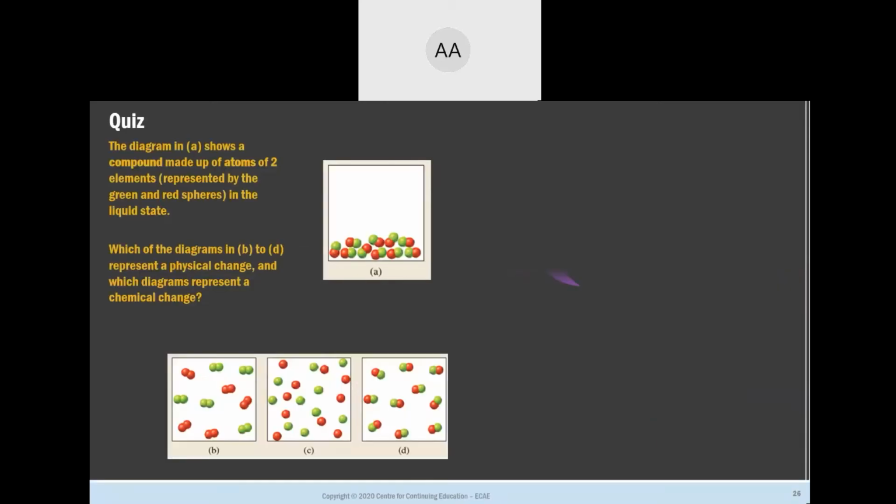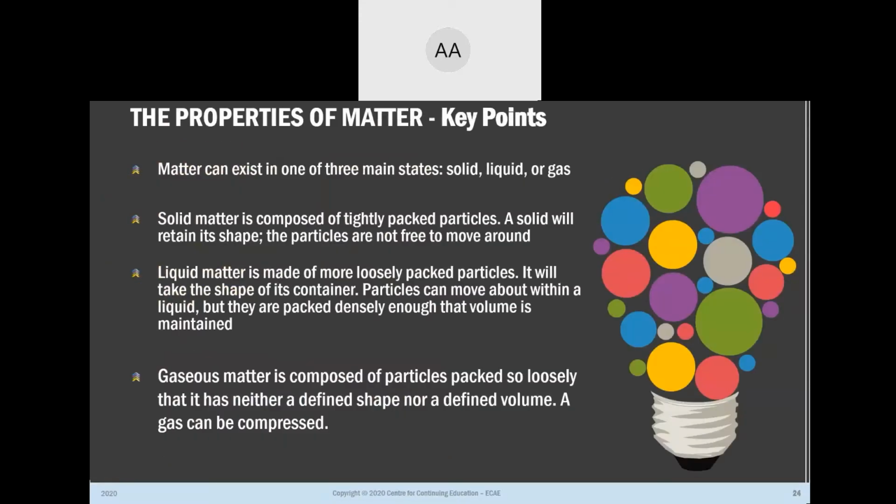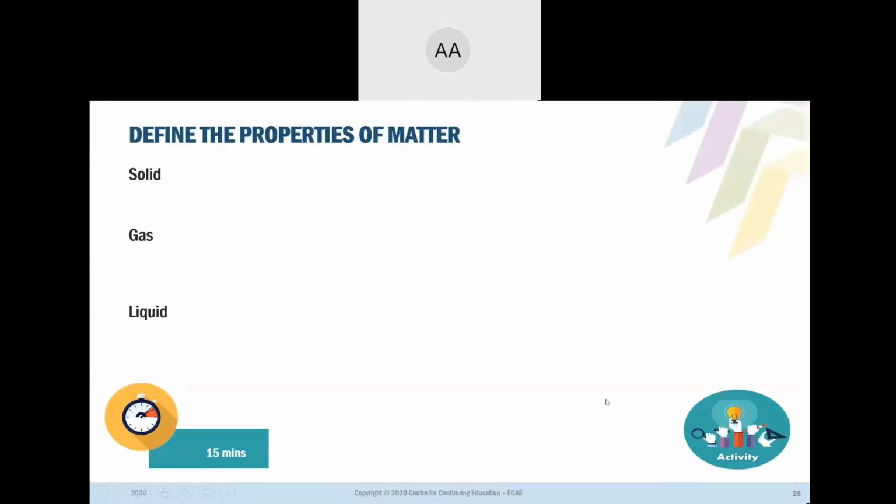So, let's have a look at the activity. It might seem like something simple right now, but as I said, I'd like you to use the resource pack that is available, and I'll do a screen share with you, to create a resource that you would be able to use with your students and also as a recap with each other for defining the properties of matter.